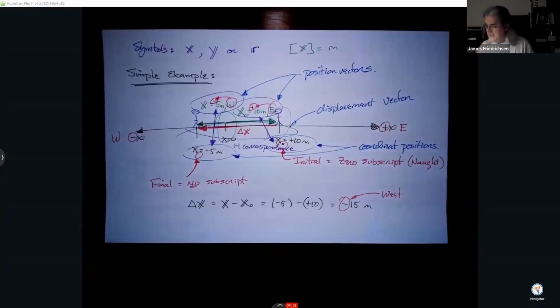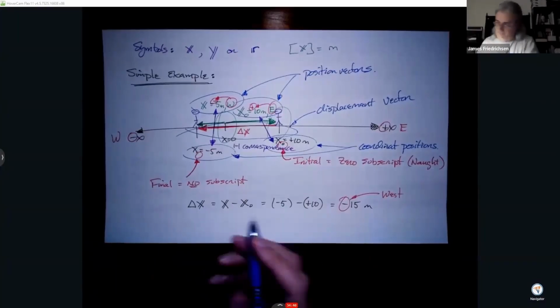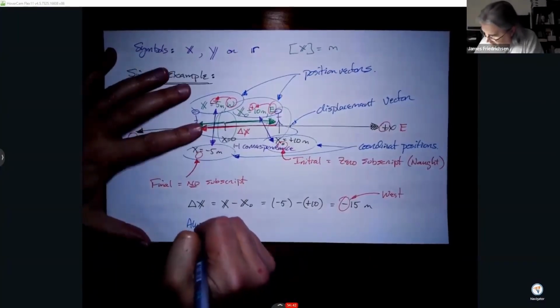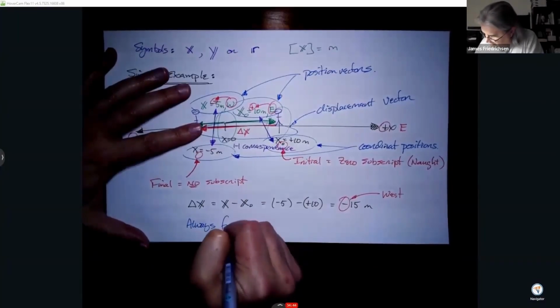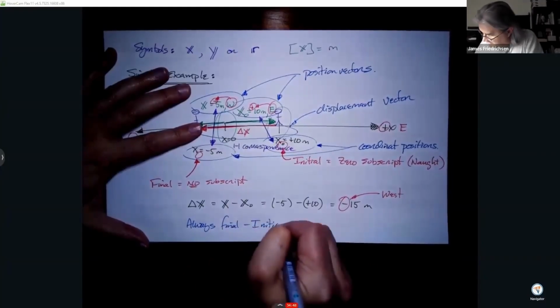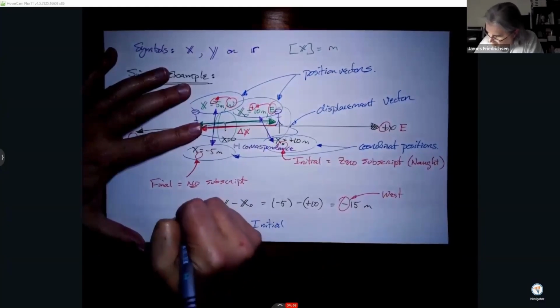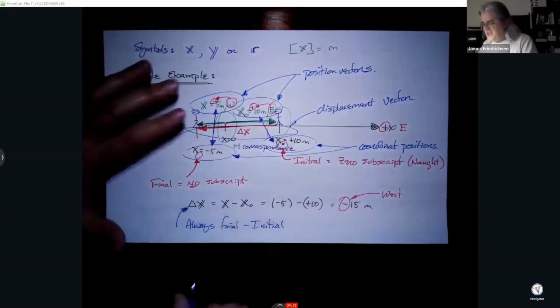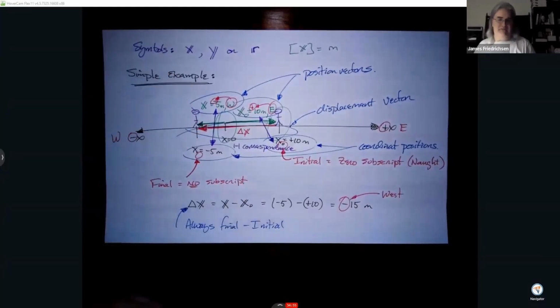So 15 meters west is the displacement vector, and it automatically comes out like that. When we calculate change in anything, it's always going to be the final minus the initial.